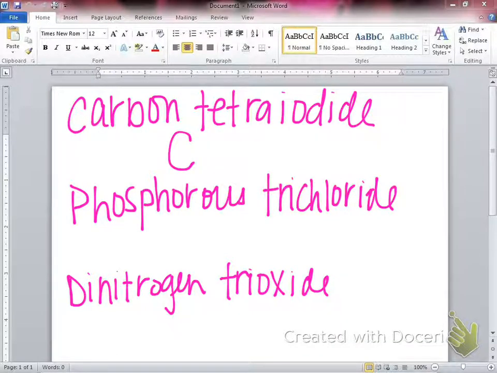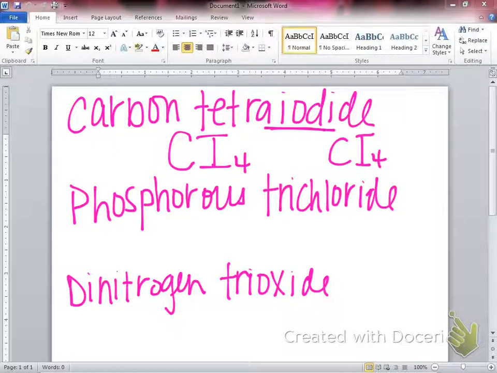CI4. Okay, be careful that you don't write it like this, CL4, because that looks like CL4. I's need to have those crosses. Okay, so CI4, very good.